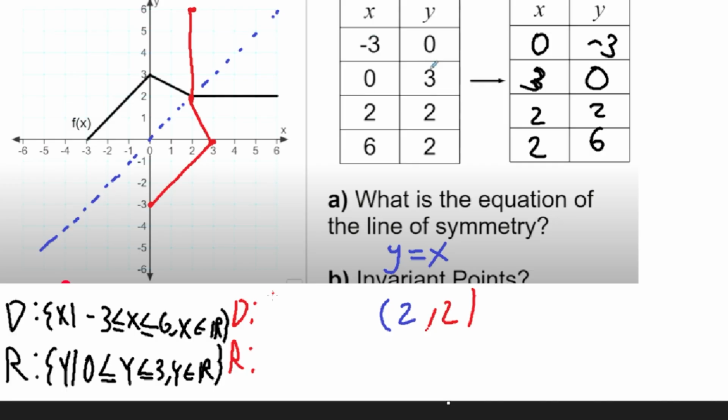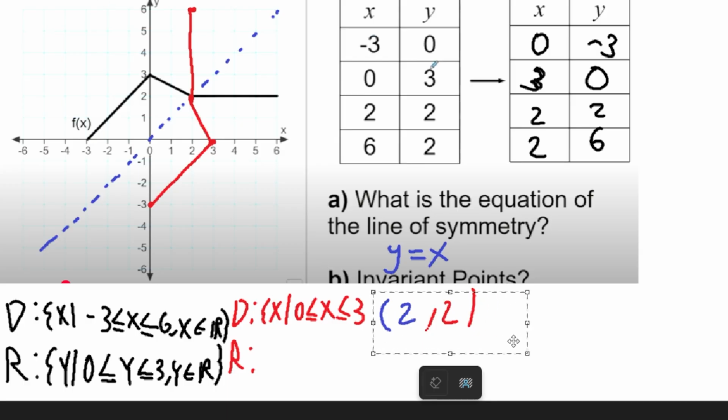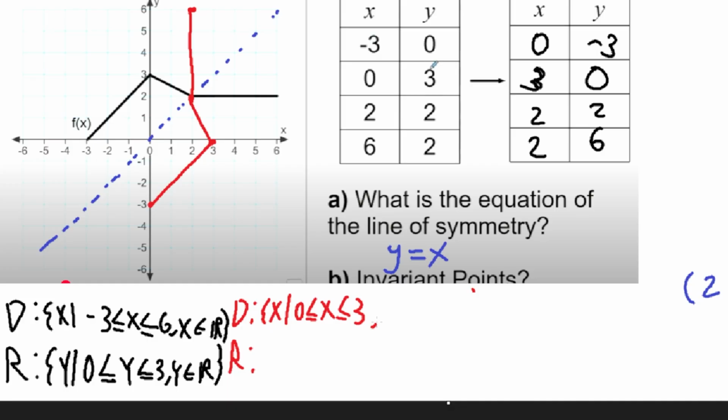So now we have the domain become 0 must be less than or equal to x, less than or equal to 3. Let's get some more space here.